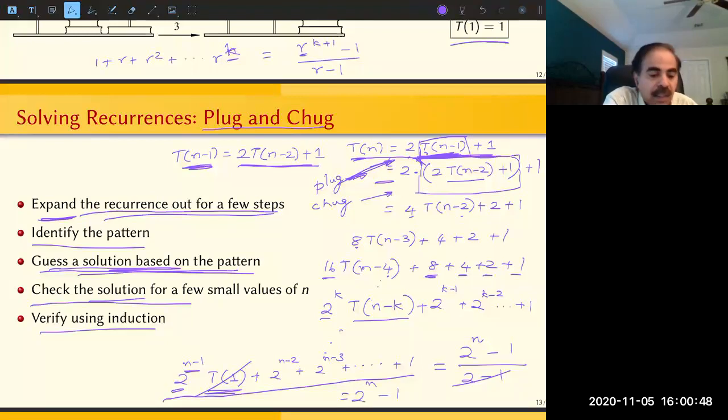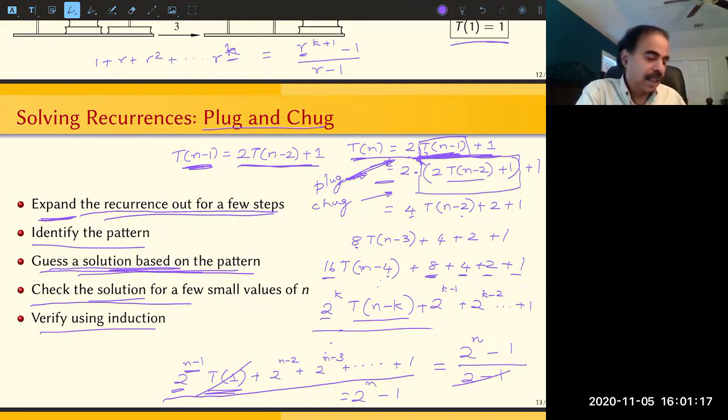You can do this manipulation, but what you will find is that in some cases you can very easily spot the pattern, and there could be other cases where you may not be able to spot the pattern. And so this makes the plug and chug somewhat unpredictable, right? So it is a very general technique. It is going to work no matter what the recurrence is.